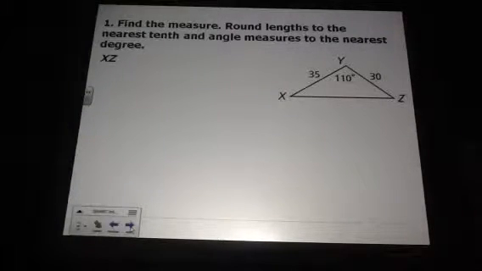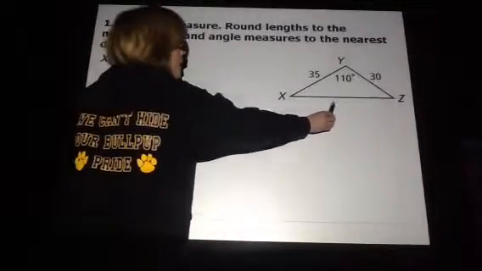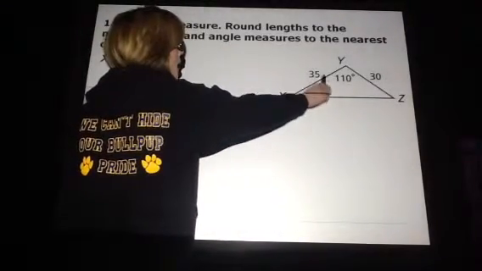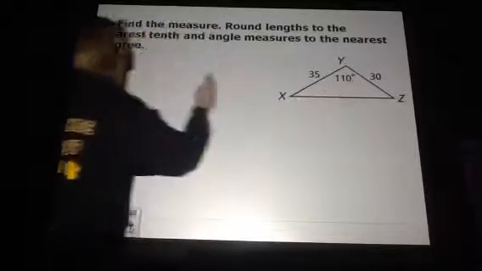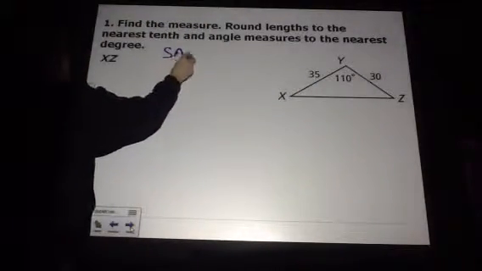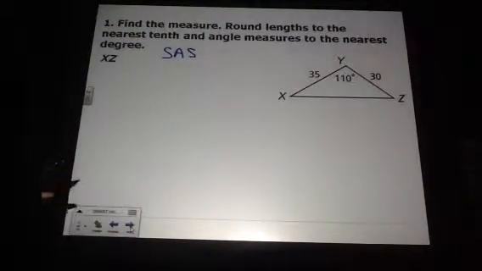Okay, so what we're trying to find here is a segment measure. This segment right here. All right, so we have side, angle, side. So we need to use the law of cosines.